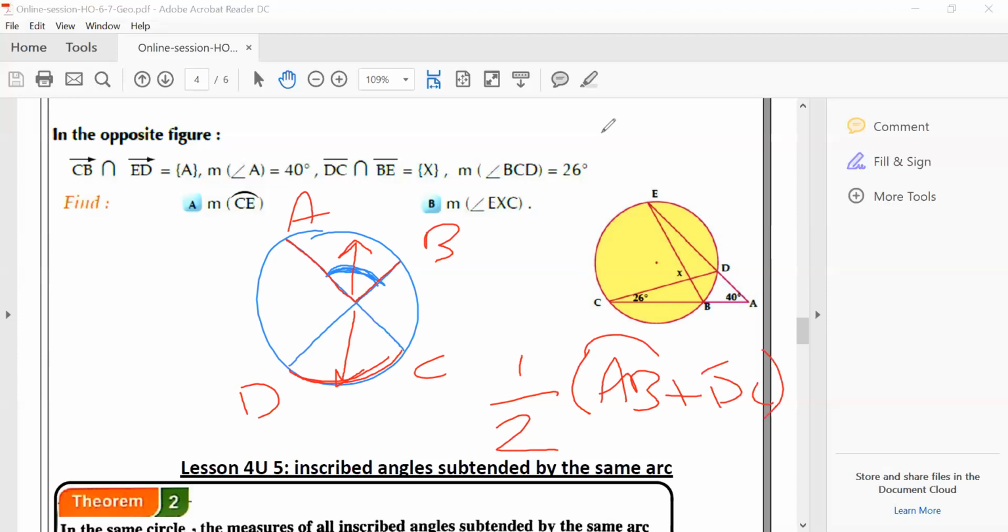Okay طيب if I ask you about angle BMC, طب I want this angle يبقى الانجل BC half arc BC والناحية التانية plus measure arc AD and so on.